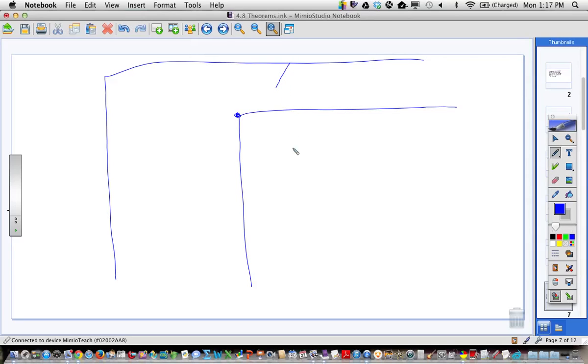Okay, so we got this 8 foot into a 4 foot, or maybe it's the other way around, I can't remember.